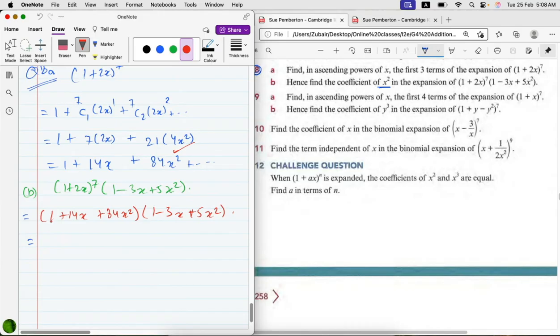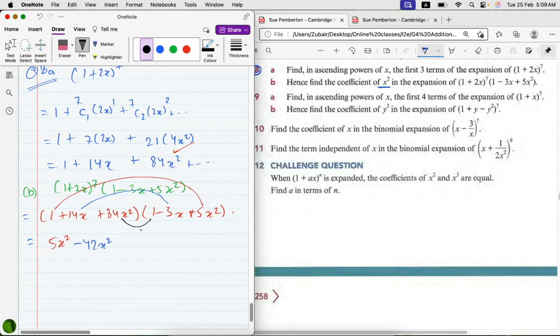When I'm looking at this one, I'm ignoring 1 into 1 and 1 into minus 3, because I'm not getting x squared. Multiplying this with the last one, we get 5x squared. Then for 14x, I ignore the first one and multiply with the second one: 14 into 3 is minus 42x squared.